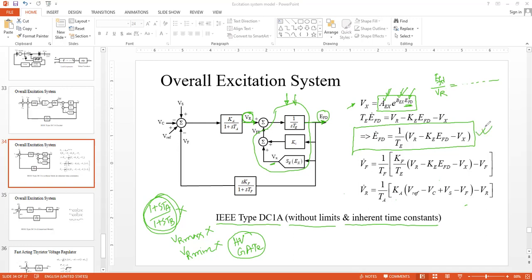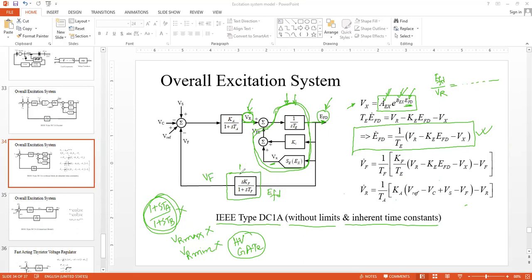So this equation basically deals with this input, this output, and this block over here. Then we have another state resulting from this block. Again, here this is the output and this is the input.